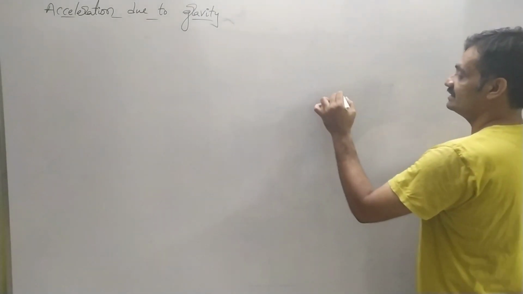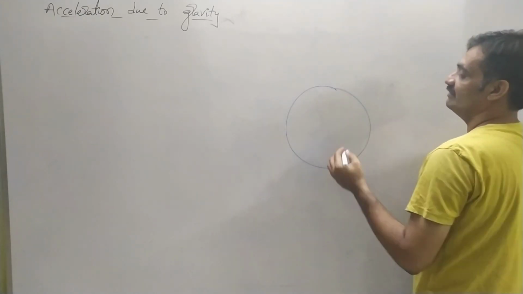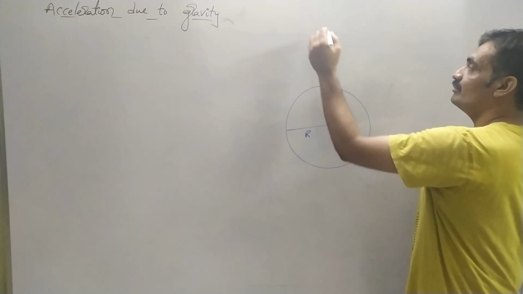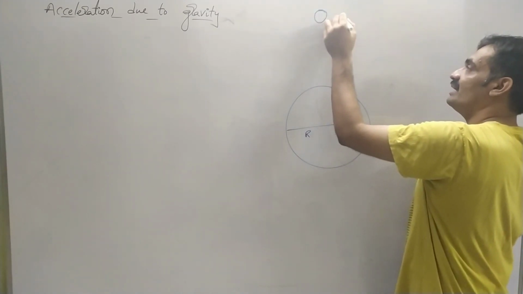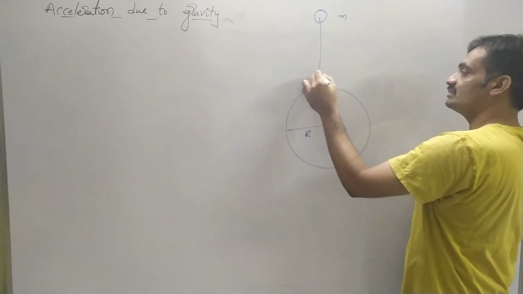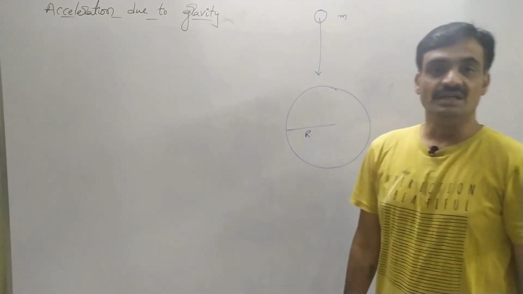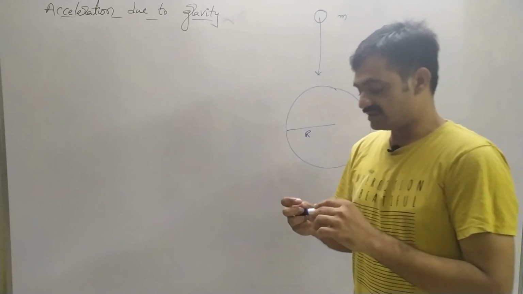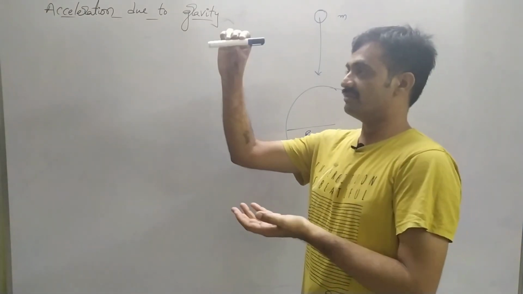So here if we consider Earth's surface, we know that the radius of the Earth is represented as r. When a body of mass m is falling towards the surface of the earth, then it experiences a force. Just like here I am going to consider this marker.